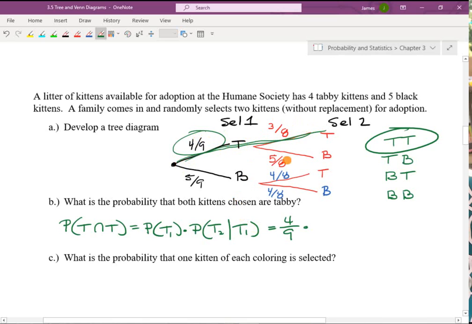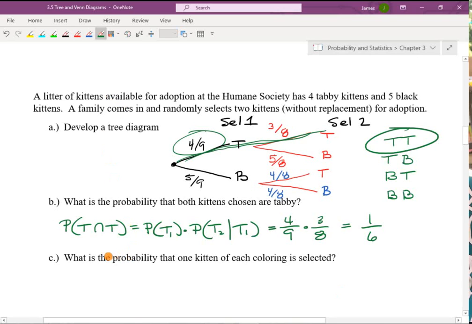So I got 4/9 times 3/8. And that gives me then 12 out of 72, which reduces to 1/6. There's a 1/6 chance that we go in there, eyes closed, pick 2 cats out, they're both going home tabby. Is that okay?